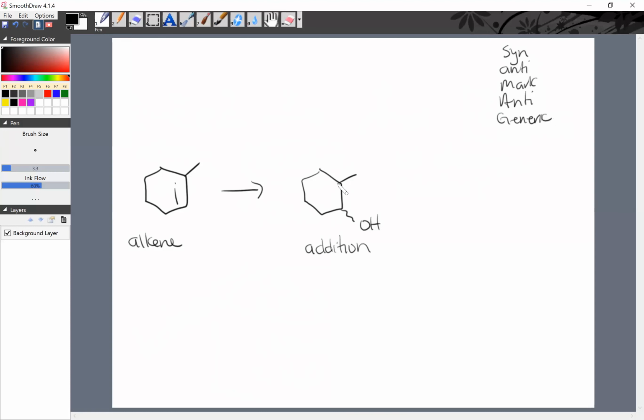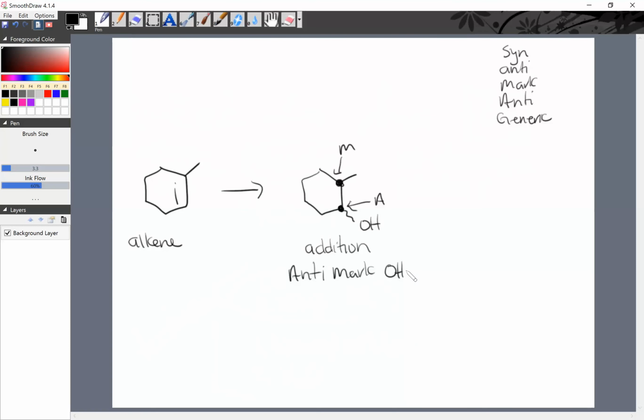In this case, there were 2 different locations. This one was a tertiary. This one was a secondary. So this has the term Markovnikov and anti-Markovnikov. So if you had added here, you would have called that Markovnikov. And if you had added there, it's anti-Markovnikov. So I know that I did an anti-Markovnikov addition of OH. Oh, how can you do an anti-Markovnikov addition to get an alcohol?